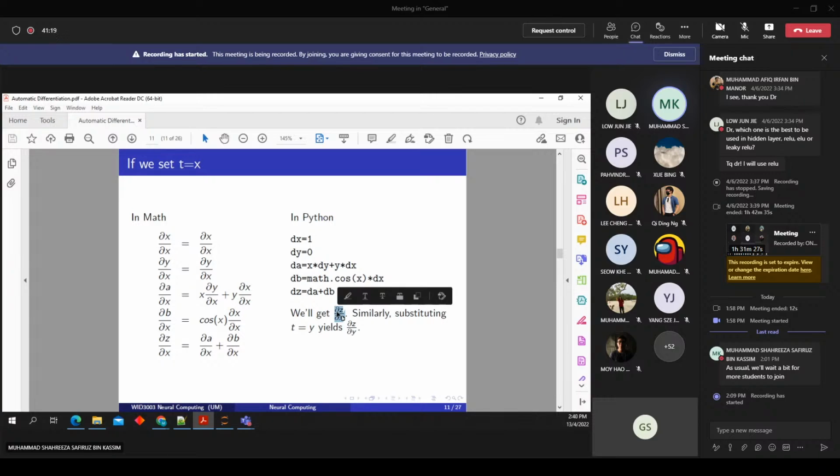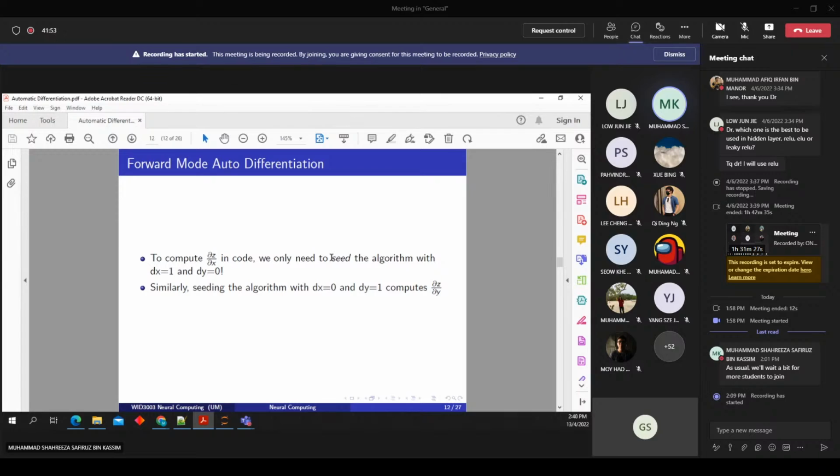If we go forward, we are computing the gradient, or derivatives, of z with respect to variable x. How do you do that? By seeding dx equals 1, dy equals 0, then the rest of the code just follows. And if you do it the other way around, you'll get dz of dy. So this is forward mode auto differentiation, in a sense.